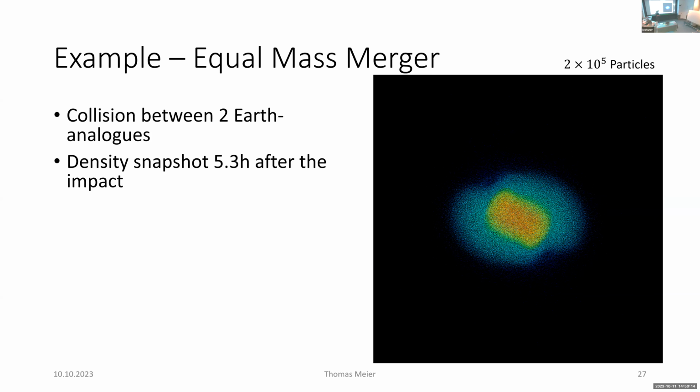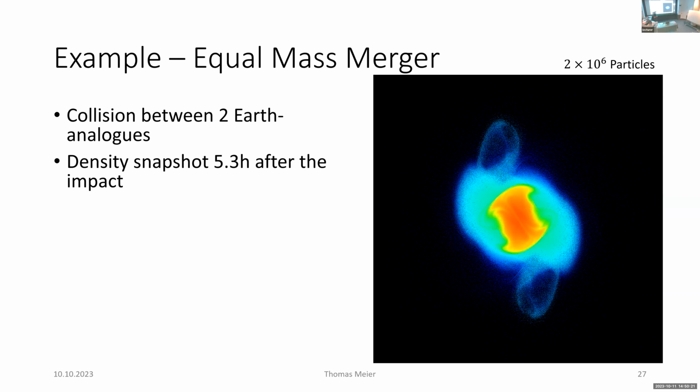At 200,000 particles, we get this formless blob. If we increase the resolution to 2 million, we start to get these features of these arms.